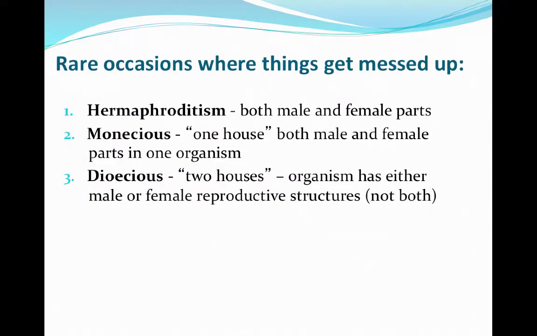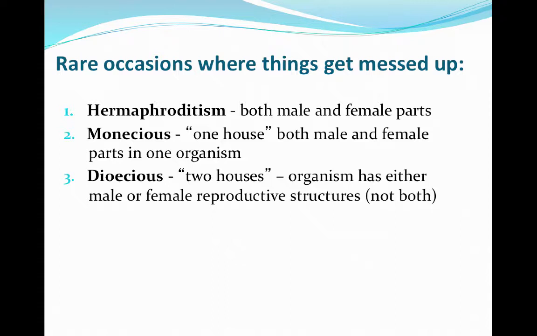This chapter is outlining how sex is determined in different species, but we're also going to talk about conditions that occur when things get messed up or we get some sort of miscommunication. There are a couple of occasions where male and female parts will develop. One of those is hermaphrodism, where an individual possesses both male and female parts.